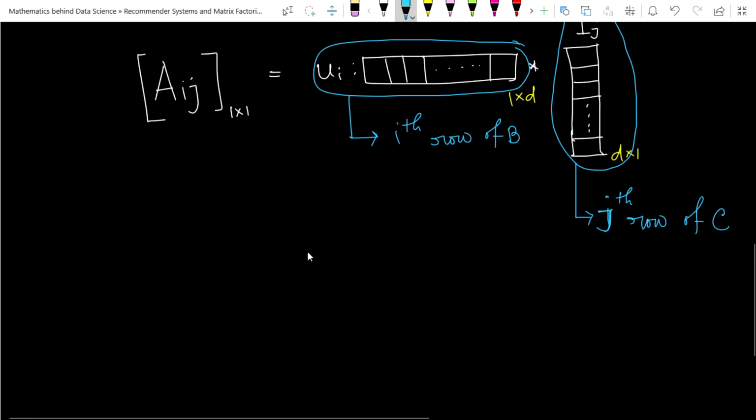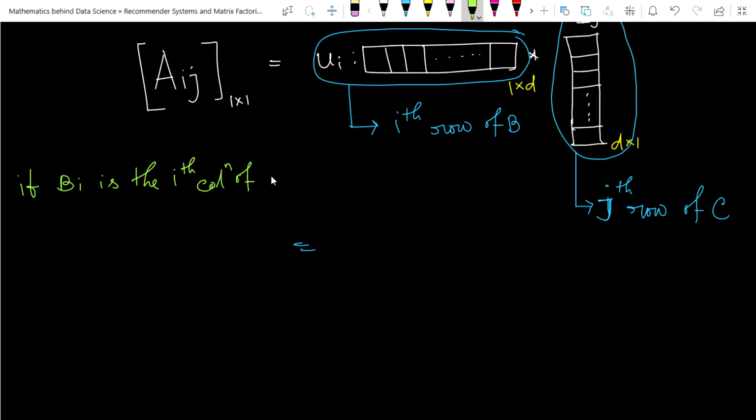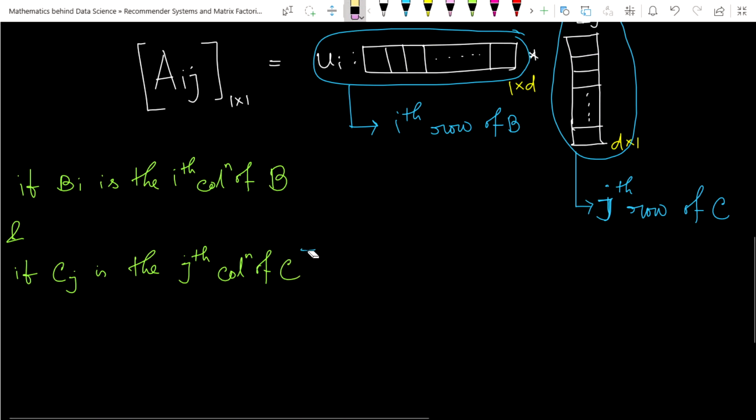So if we write the ith row of B, if we write bi, and if bi is the ith column of the matrix B, and if Cj is the jth column of the matrix C, then we can write this matrix this way.